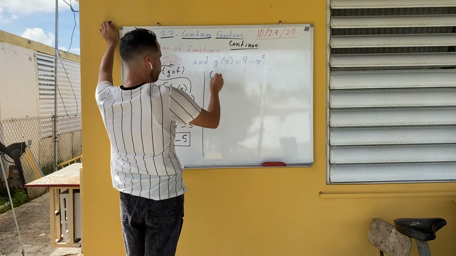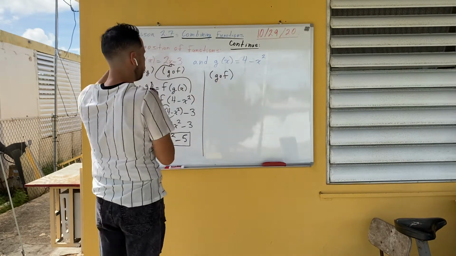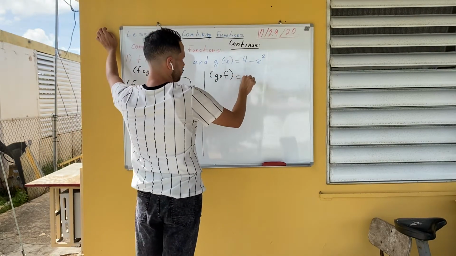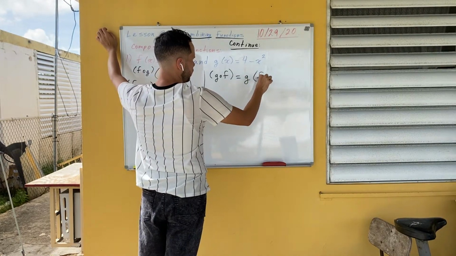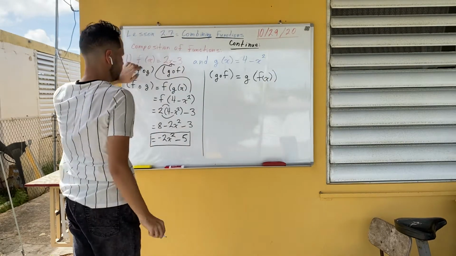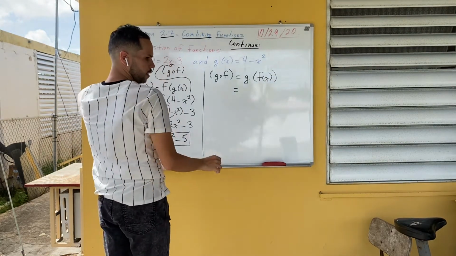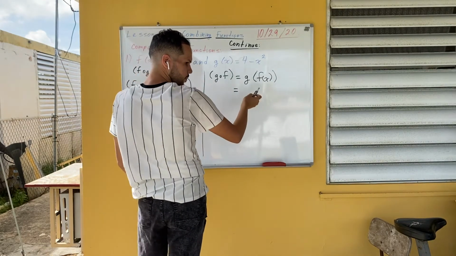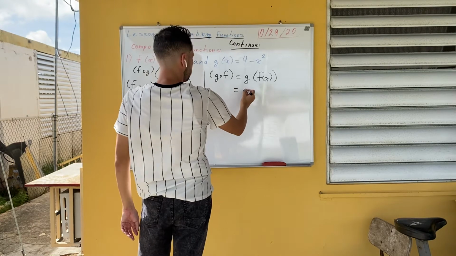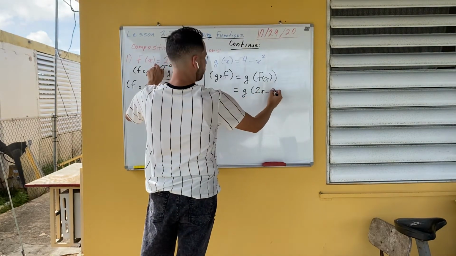Okay, so let's go to part 2 of our problem. Now I'm working with g composite with f. So how do I do it? Well, it's the opposite, my students. So I'm working with g of f of x. I got now that g is going to be 2x minus 3.